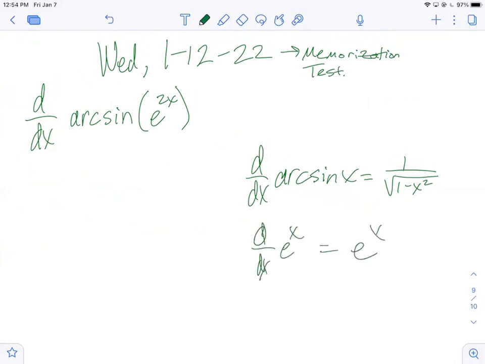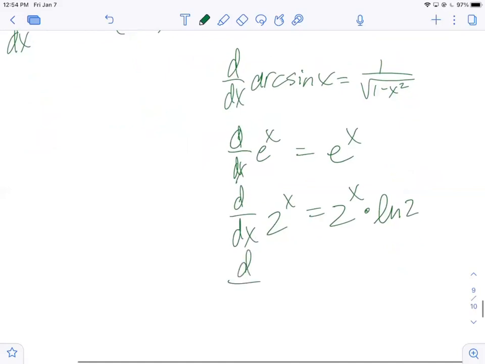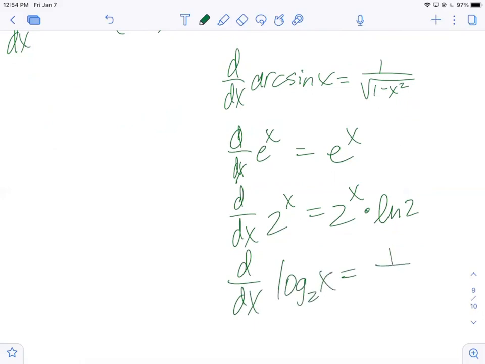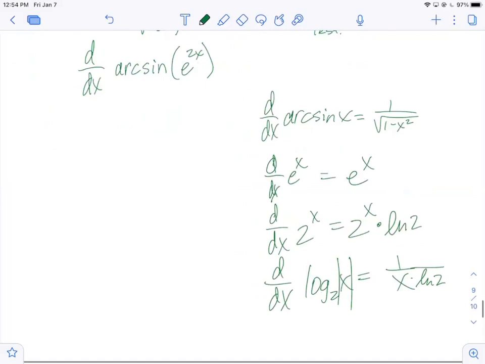Oh, e to the x, more please. Or the derivative with respect to x of 2 to the x. Oh, 2 to the x times the natural log of 2. Or what's the derivative with respect to x of log base 2 of x? Oh, it's 1 over x with the natural log of 2 in the denominator. Oh, and what if the absolute values were there? Oh, same, right, good. That kind of stuff, et cetera.